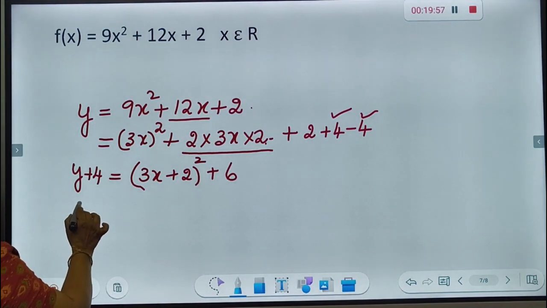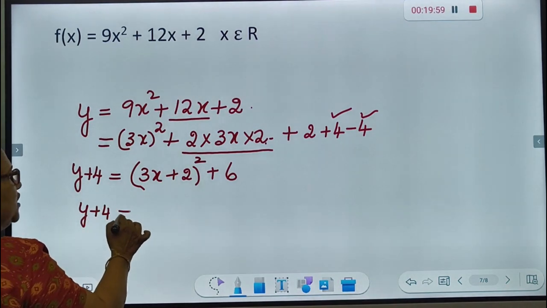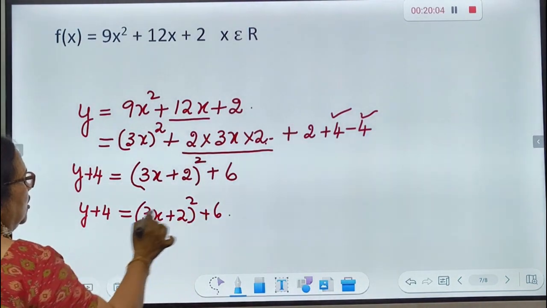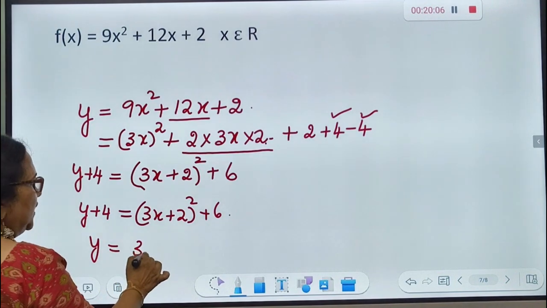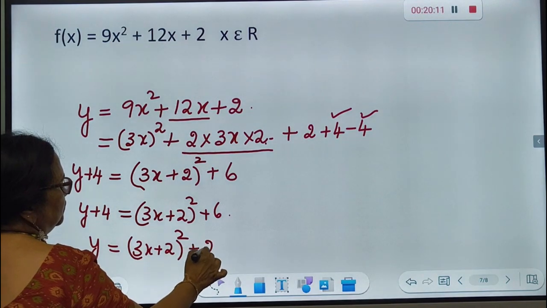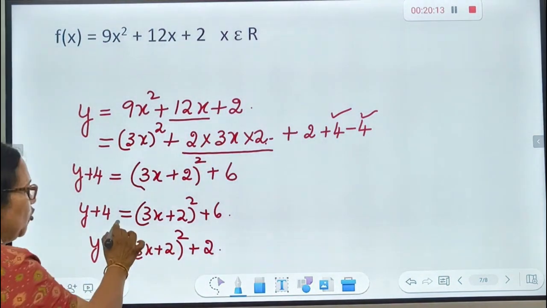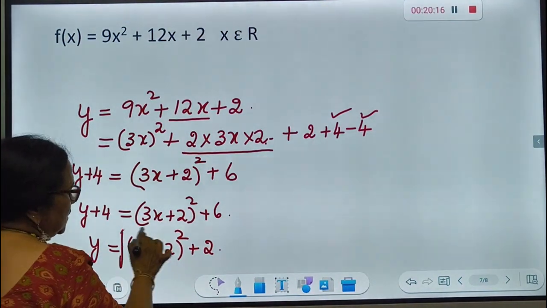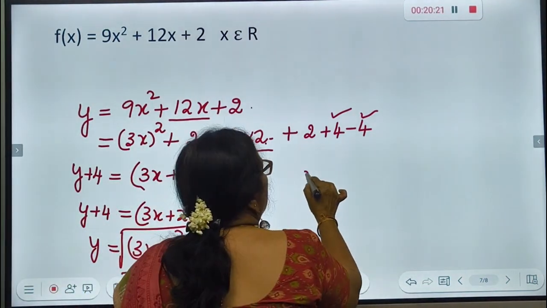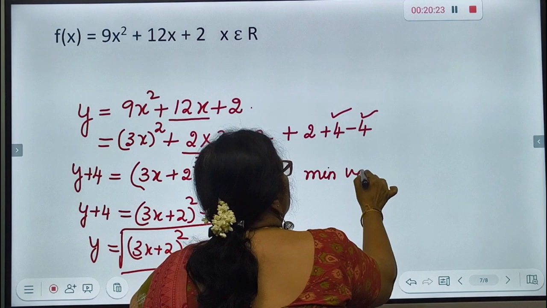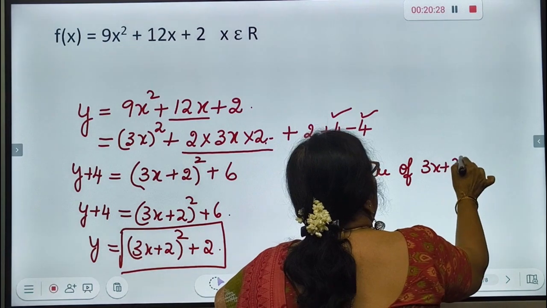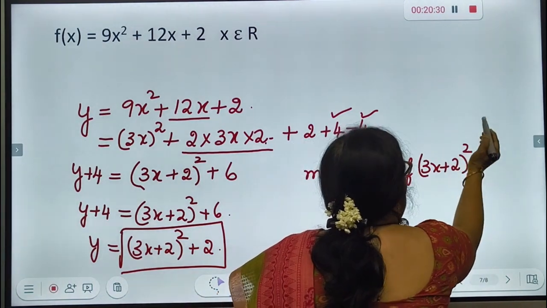Now y plus 4 is equal to 3x plus 2 the whole square plus 6, or y equal to 3x plus 2 the whole square plus 2. Now we want to find out about only this. 3x plus 2 the whole square is a square. So minimum value of 3x plus 2 the whole square is 0.